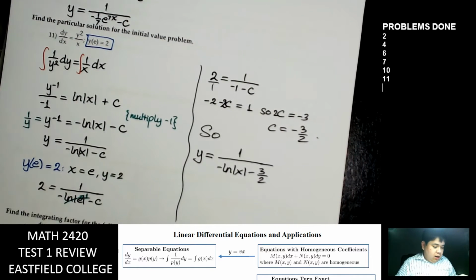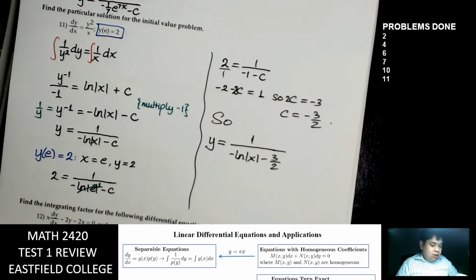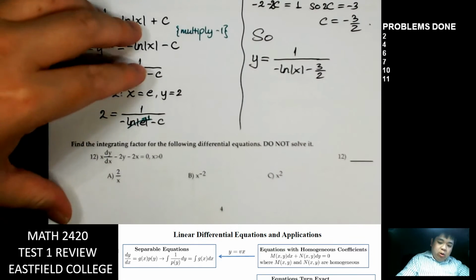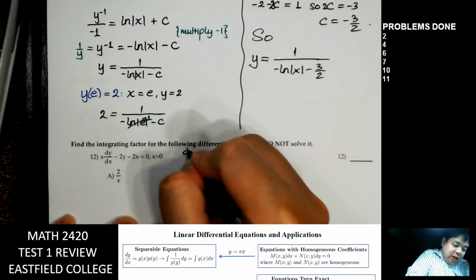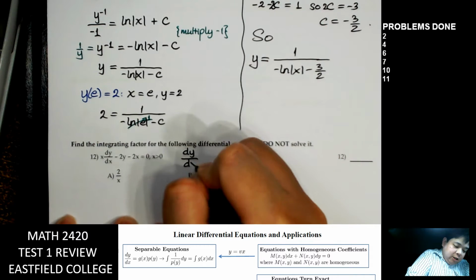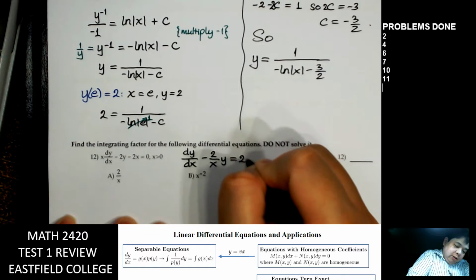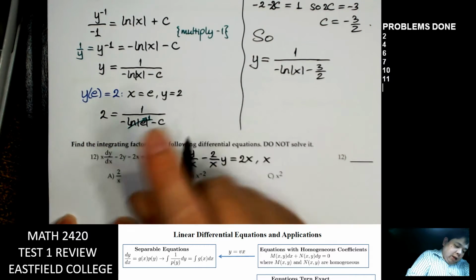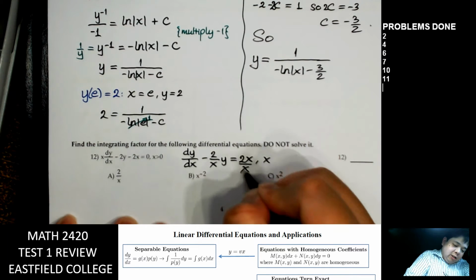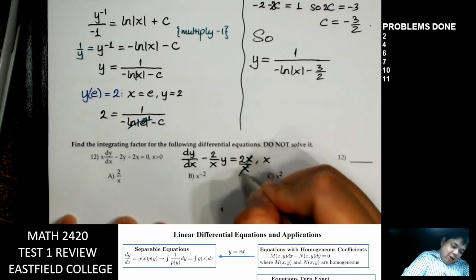Right. Linear equation. Number 12, I will not do it, just write a few steps. First, make sure that it is in the standard form. So we divide everything by x. So that cancels out.